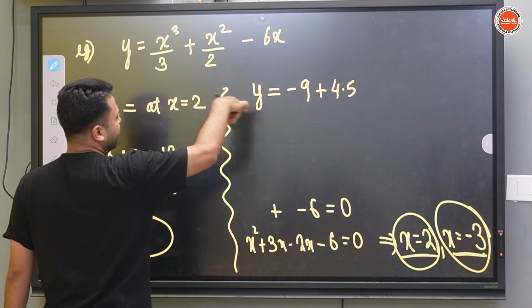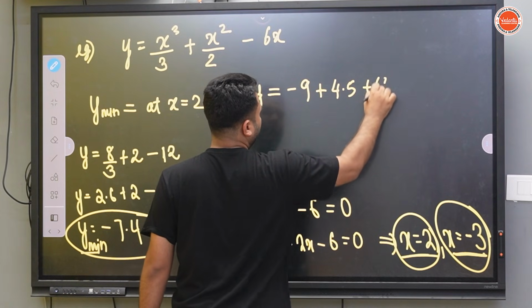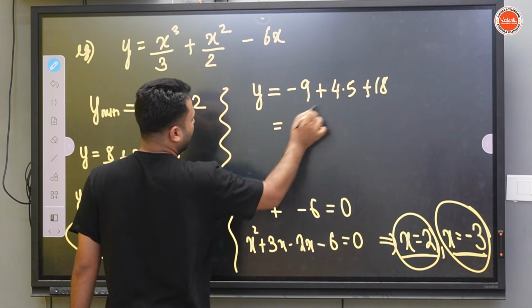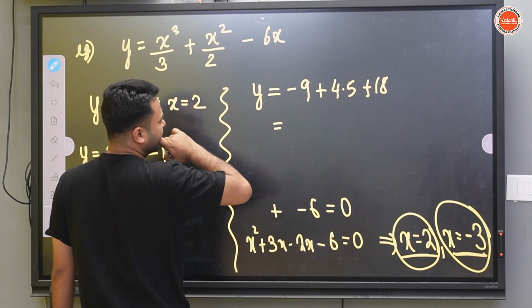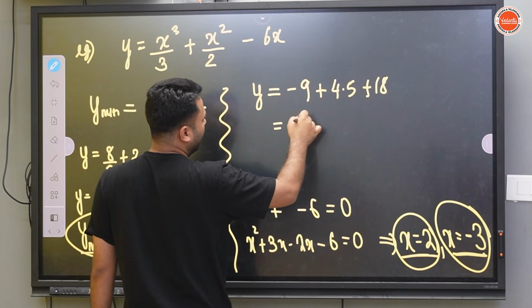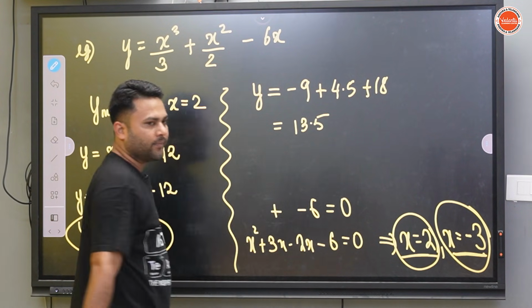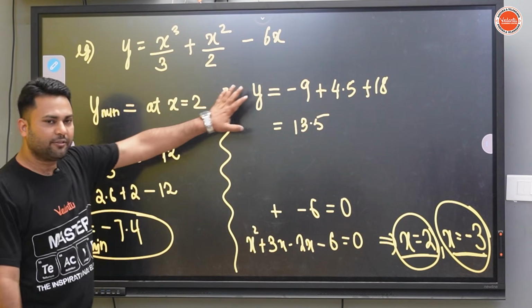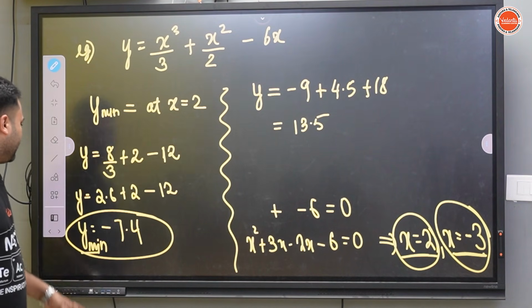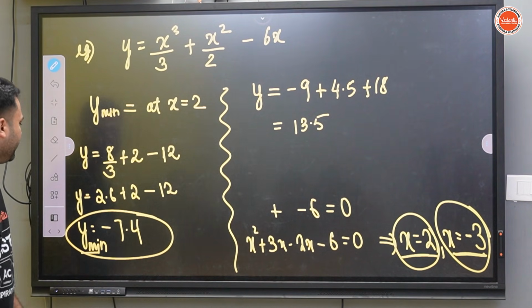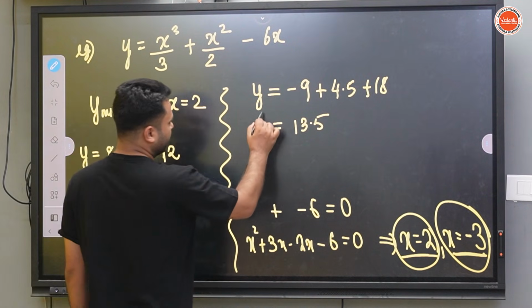Minus 3 times minus 6, plus 18. So 18 plus 4.5, 22.5, minus 9, so 13.5. So this is the maximum value of y, 13.5, and this is the minimum value of y, minus 7.4. So this is the maximum value.